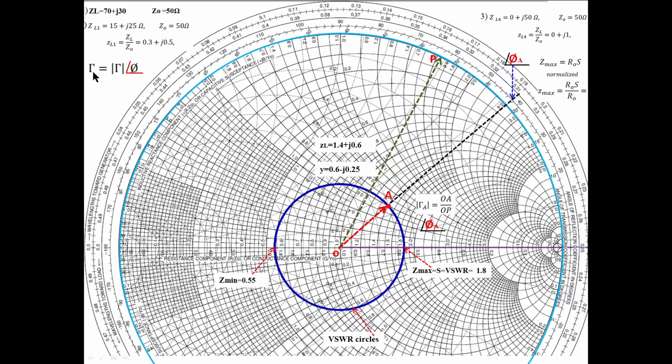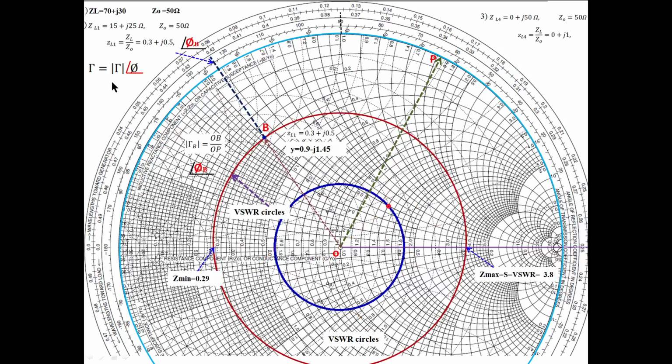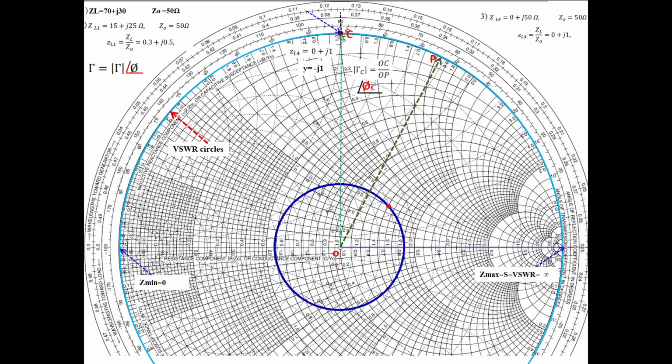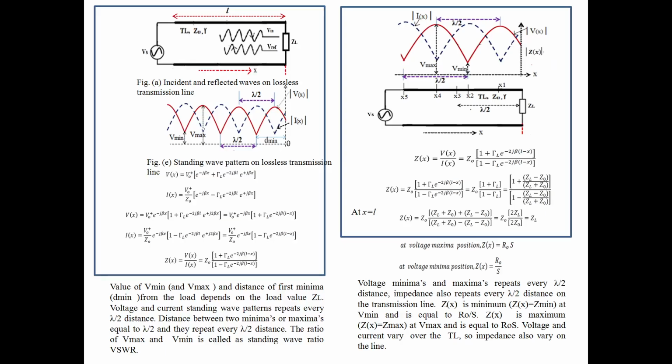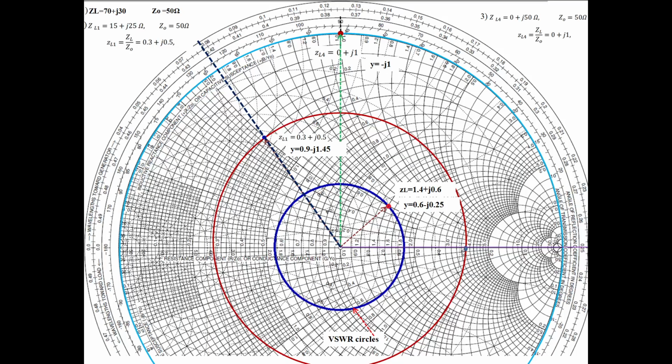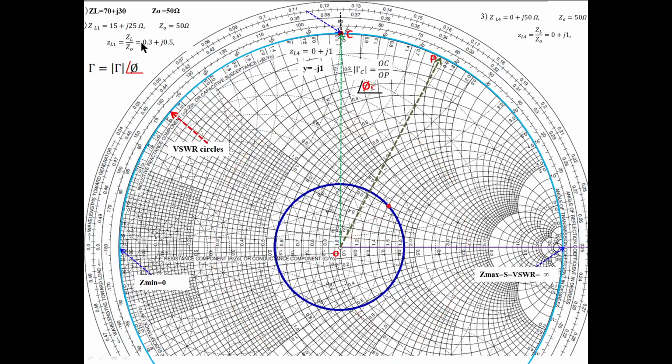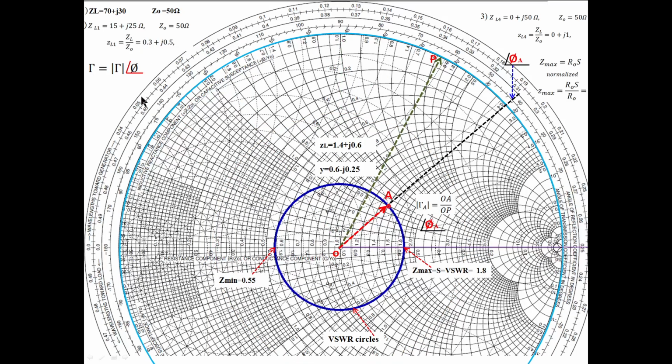But because ZL and Z0 are complex, we have to go for complex mathematics, complex multiplication, addition, and division.